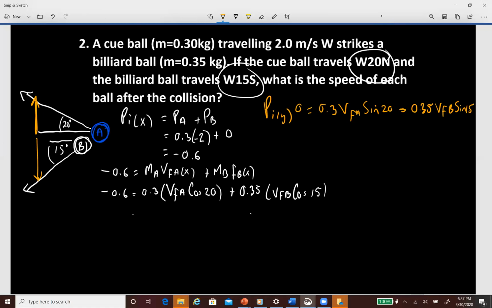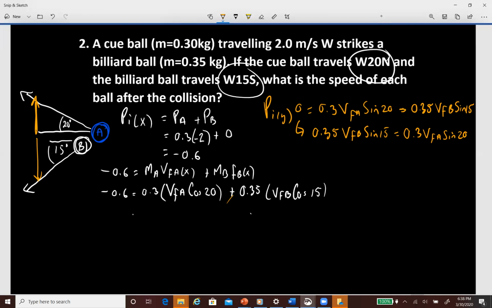So what I'm going to do is rearrange and solve for VFB here, and then put it in the other equation, which is what caused me the grief before. So 0.35 VFB sine 15 is equal to 0.3 VFA sine 20.